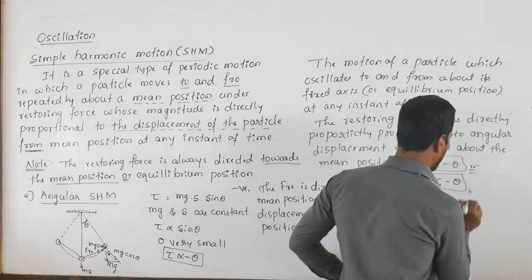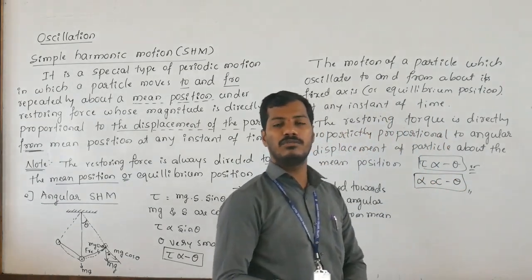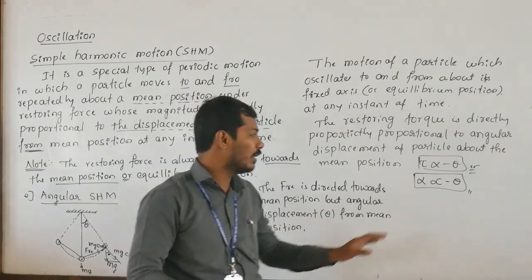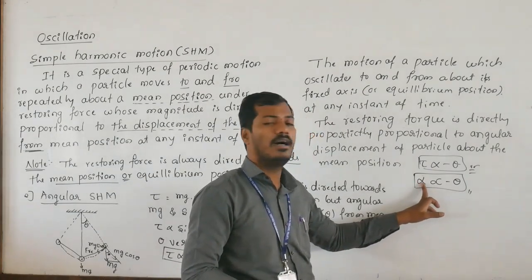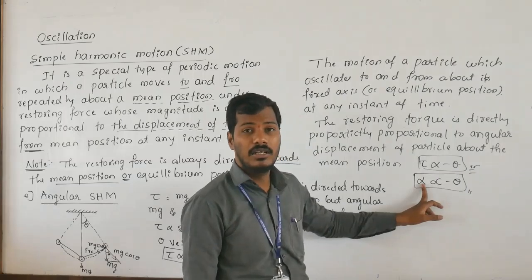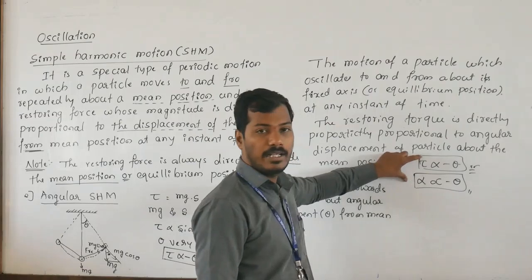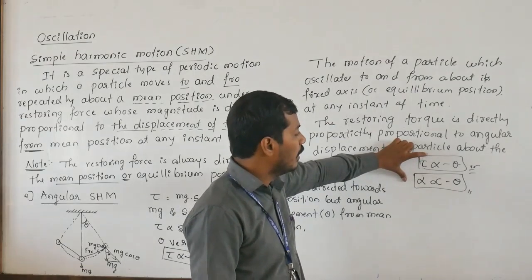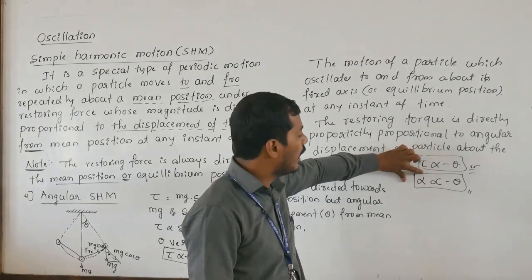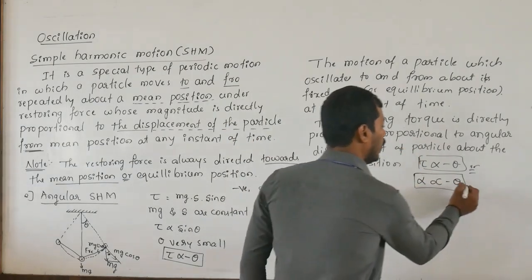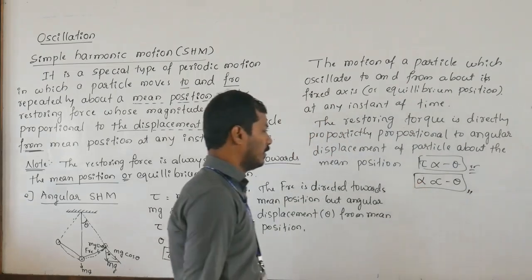Why minus theta? Torque is nothing but the restoring force into the displacement of the body. Alpha is the angular acceleration. From the 7th chapter, system of particles and rotational motion, tau becomes I into alpha, where I is the moment of inertia. I'll explain in the next classes.